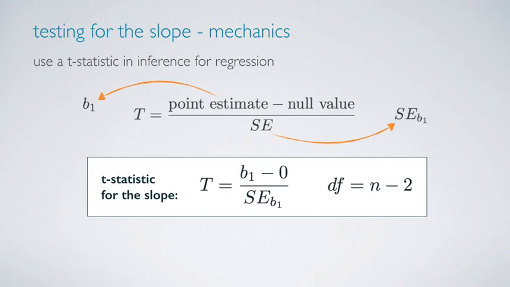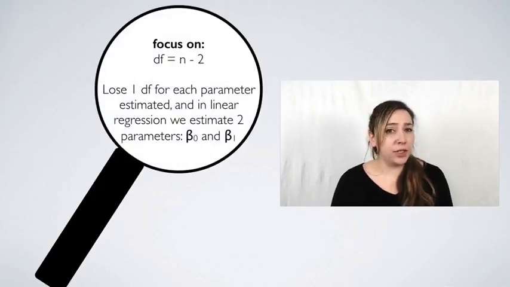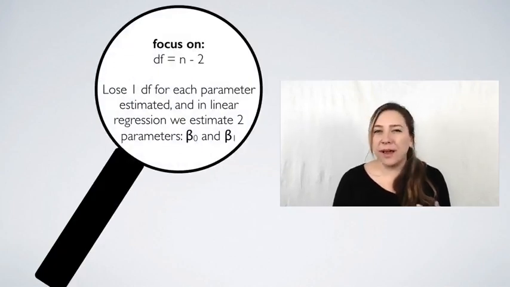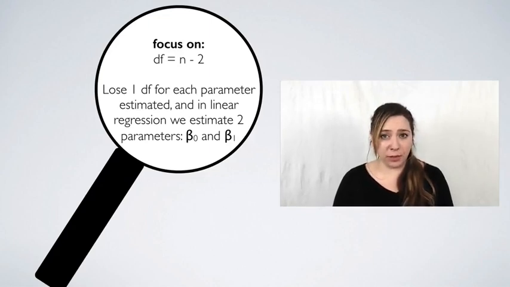And whenever we have a t-score, we also have a degrees of freedom associated with it. And in this case, the degrees of freedom is n minus 2. Let's pause for a moment and think about why the degrees of freedom is n minus 2. We haven't really seen that before. In the past, we've seen for a t-statistic the degrees of freedom equaling n minus 1.